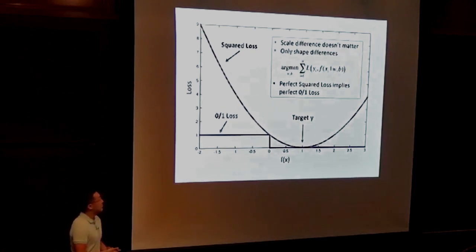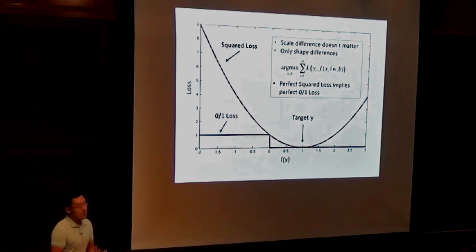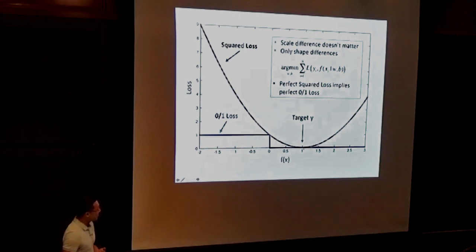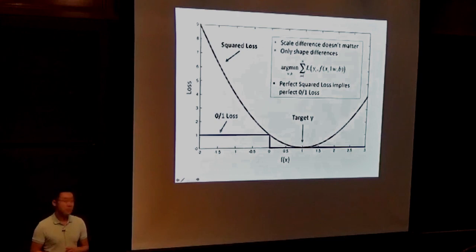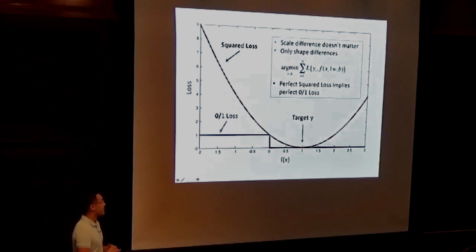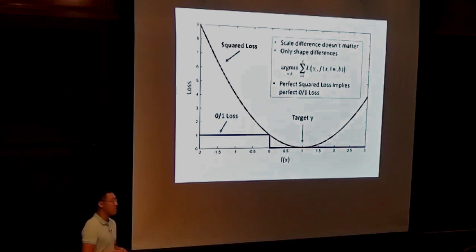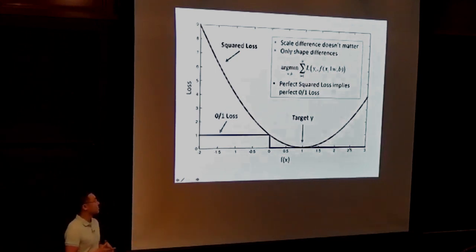Also note that if I were able to learn a W and a B that gets perfect squared error, it would also get perfect 0-1 loss. But the reverse is not true. If I get perfect 0-1 loss, it doesn't necessarily mean I get perfect squared error, because I could be predicting something over here or something over here. That's perfect 0-1 loss, but that's not perfect squared loss.